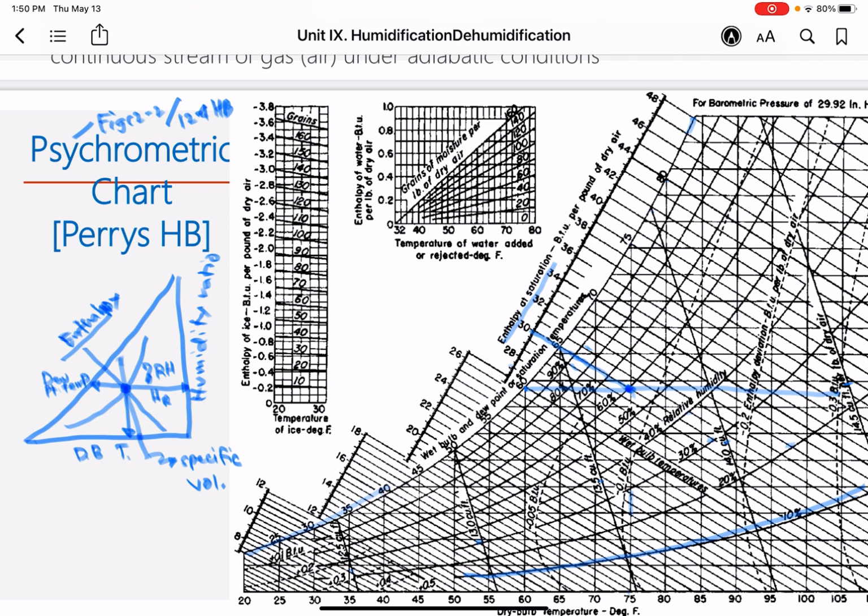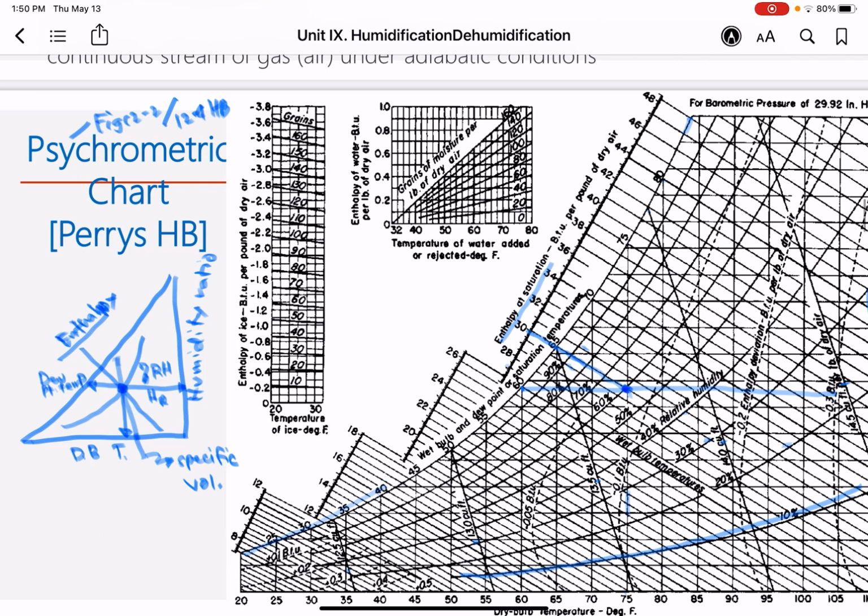Now, getting the enthalpy, so this line, ito yung enthalpy, it's around 30 BTU per pound dry air. Okay? So, what else? The wet bulb temperature is at 65. Dew point is 60, wet bulb temperature is at 65. Now, specific volume. It is in between 13.5 and 14.